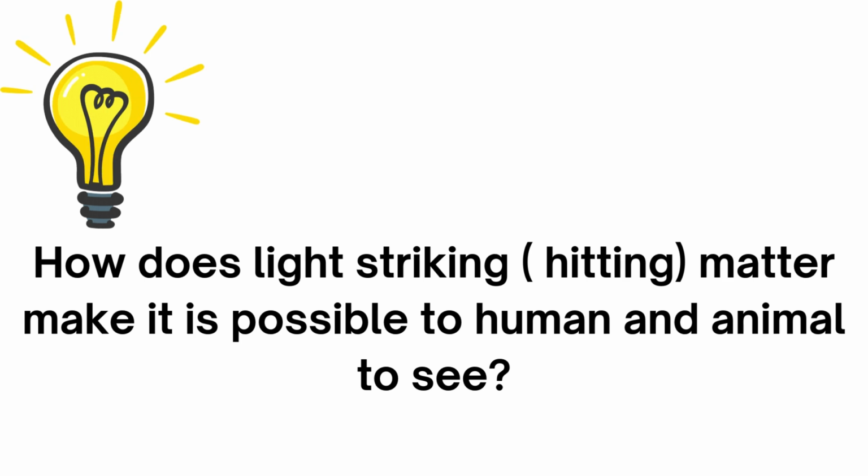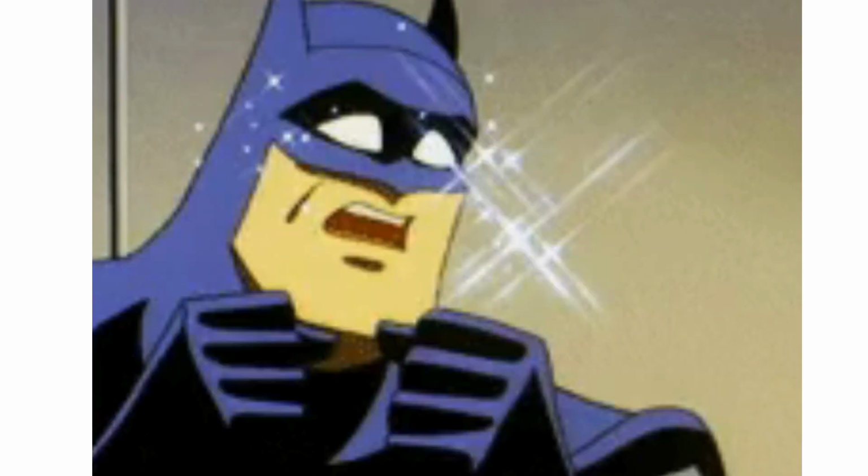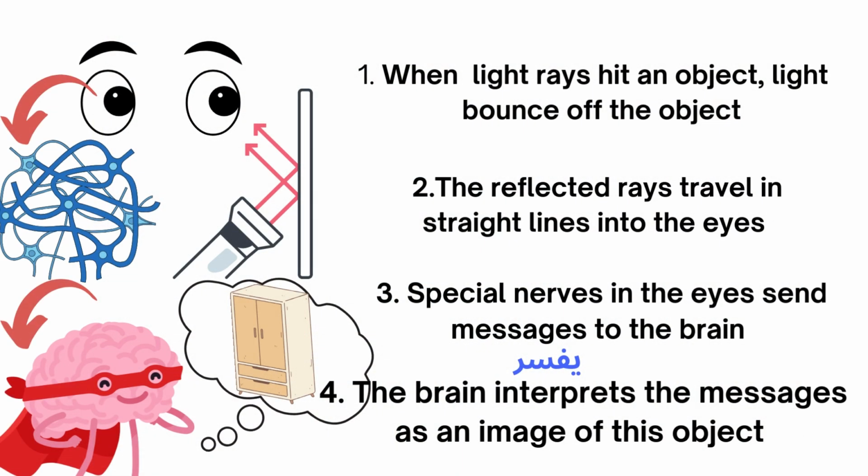We will know what happens in detail when the light strikes or hits matter. Matter means object, and this makes the human and animal see this object. Okay? First, when the light rays hit an object, strike an object, fall on an object, light bounces off the object. Light reflects from the object. The reflected rays travel in straight lines into the eyes, of a human or animal.